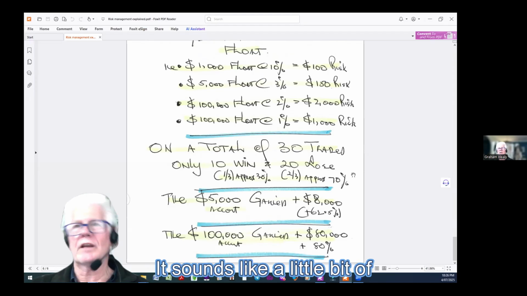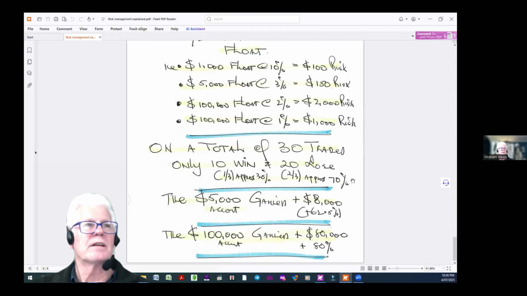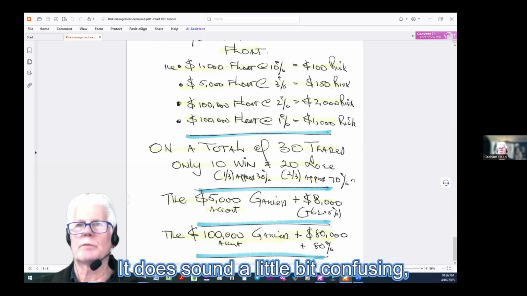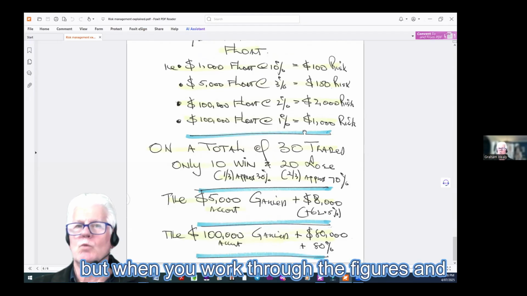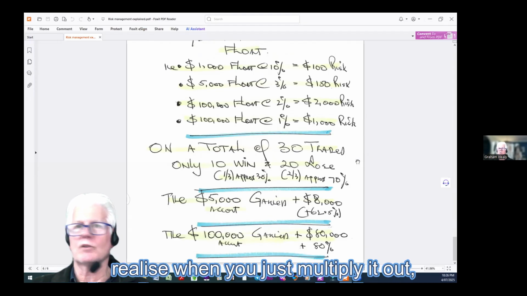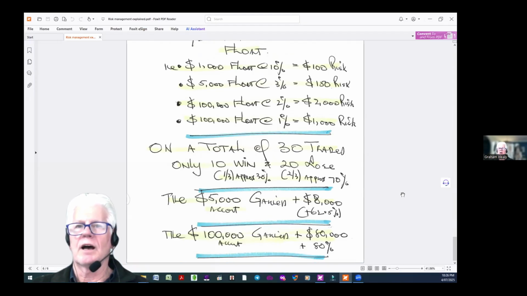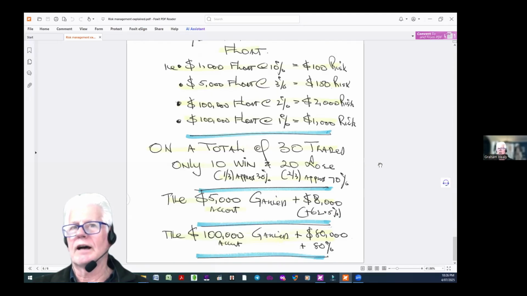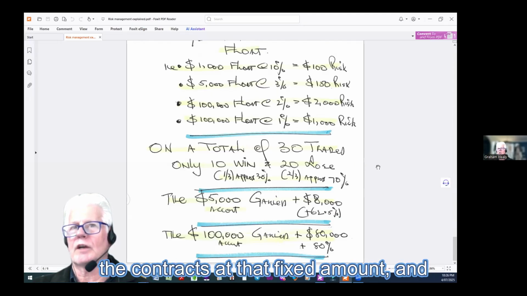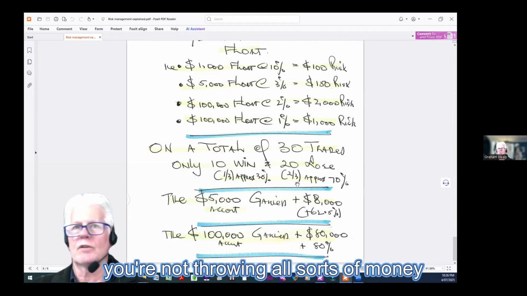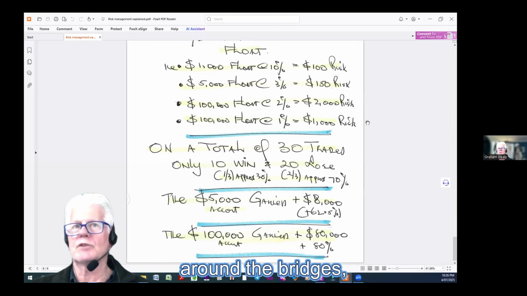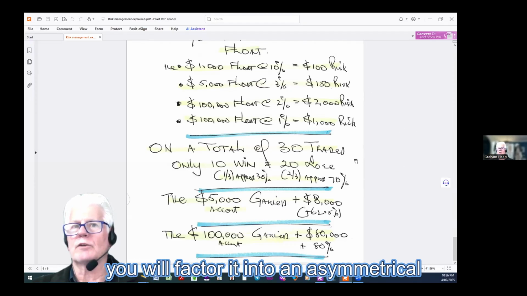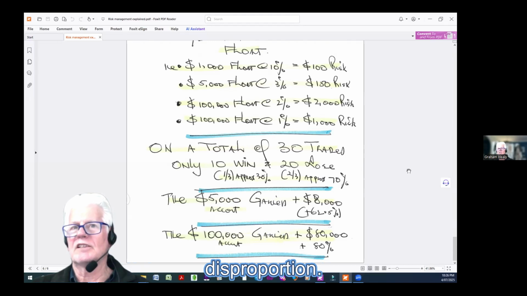This is asymmetrical risk. It does sound a little bit confusing, but when you work through the figures and just multiply it out, because you're holding the amount of money that you're putting into the contracts at a fixed amount, and you're not throwing all sorts of money around, you will factor it into an asymmetrical, disproportionate result.